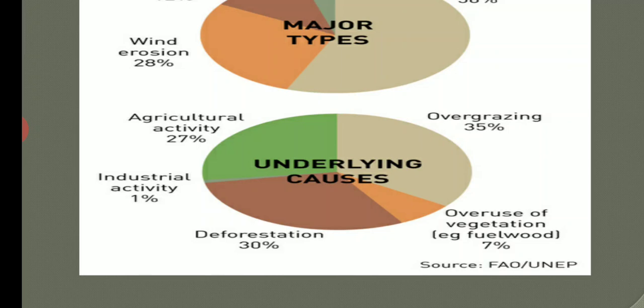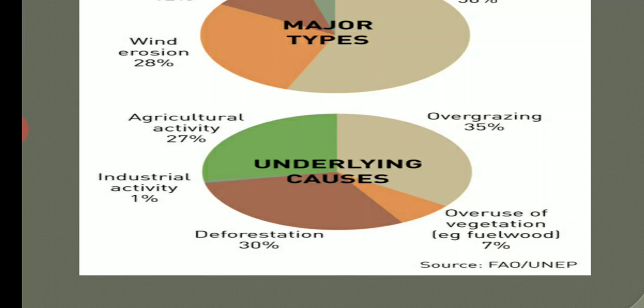Naturally, these effluents not only degrade that particular land, but when the waste is carried by water and deposited in another place, that place also gets degraded. Then overuse of vegetation, naturally we all know about this.